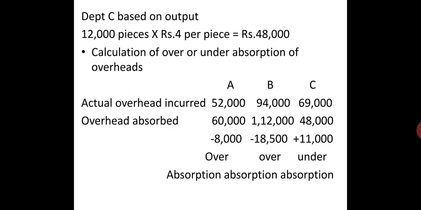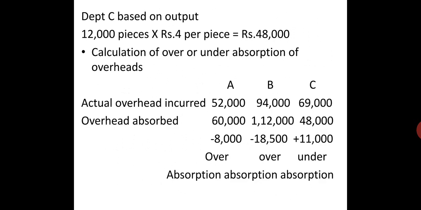Here actual overhead incurred is 52,000 and overhead absorbed is 60,000. There is a difference of 8,000. Here overhead absorbed is more than the actual overhead incurred. This is called over absorption.